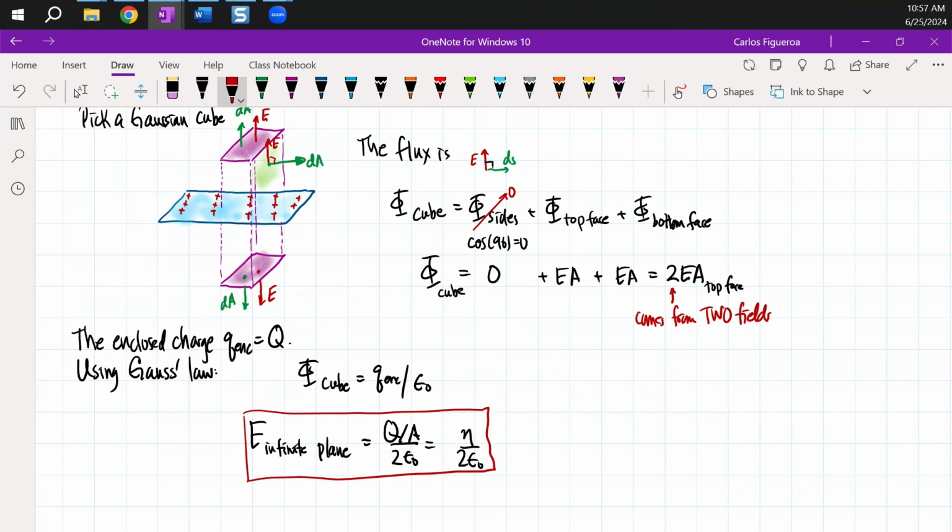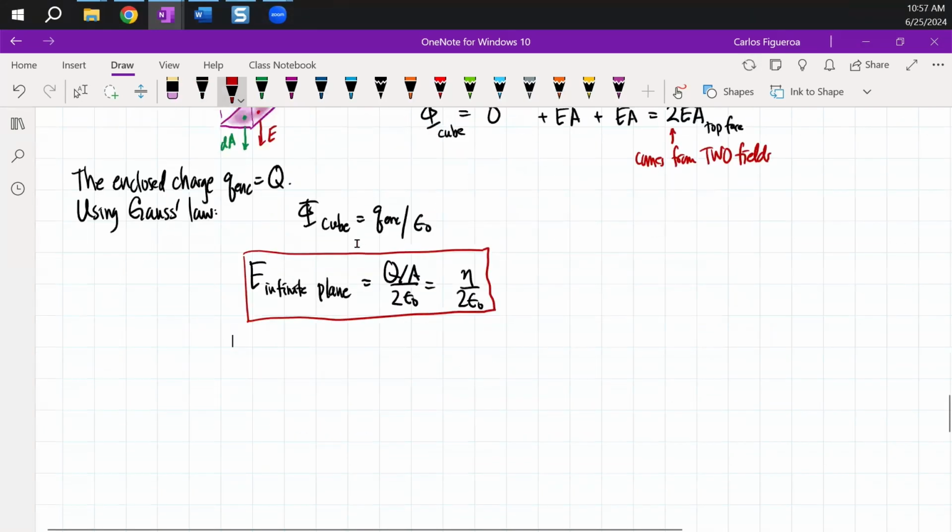So now we're left with the conducting sphere. So what does the mathematics of the conducting sphere look like?